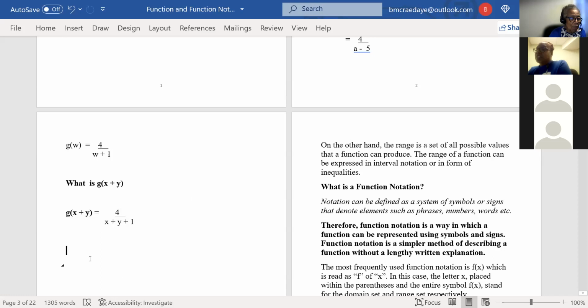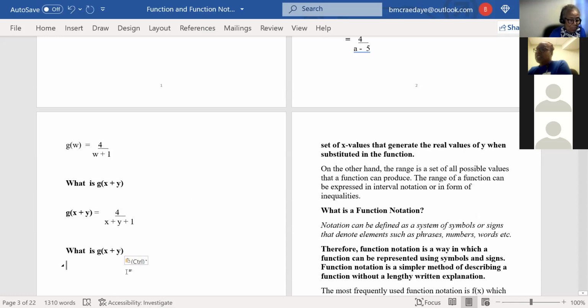Just like if this was G, okay. What would G of 3 be? Let me put this here. Okay. What is, and this is mental math. What is G of 3, Chastity? Chastity, what is G of 3? Mental math.